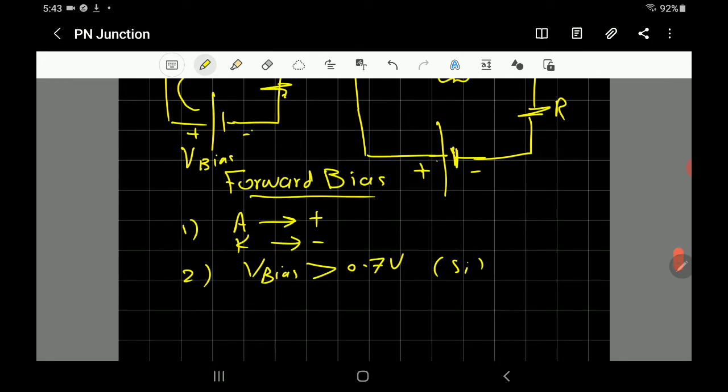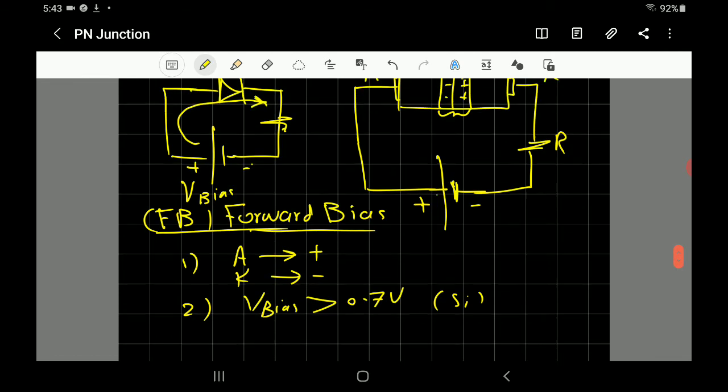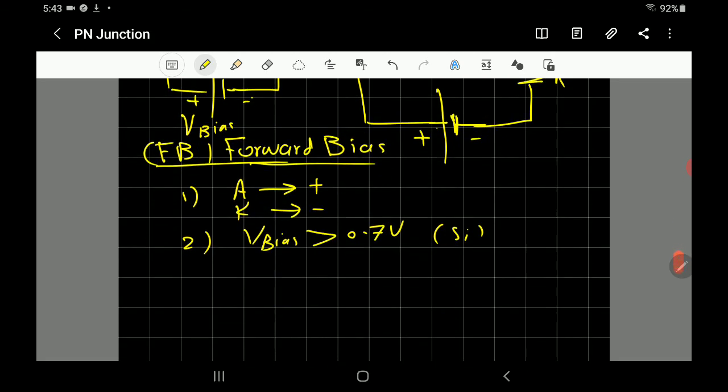That's the condition for forward bias, and sometimes we just call it FB. And what happens when you do it this way? The source will give enough energy to free electrons and overcome the potential barrier.